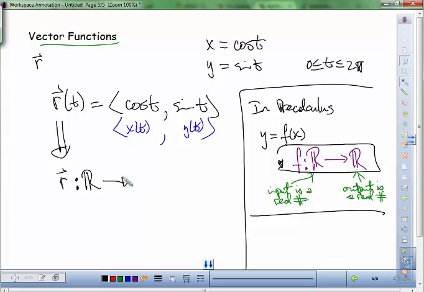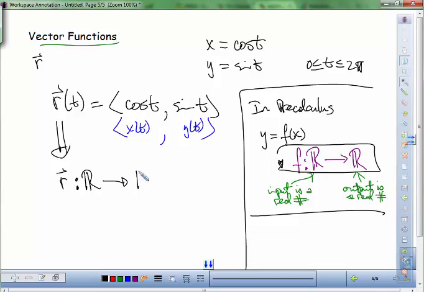Now, what is my output? This is where it changes. What is my output for this case? In this particular function, it's a cosine and a sine. But in terms of the notation that I'm using, what do you think I would write here? It's a vector. And in this particular case, it's a 2-vector, right?